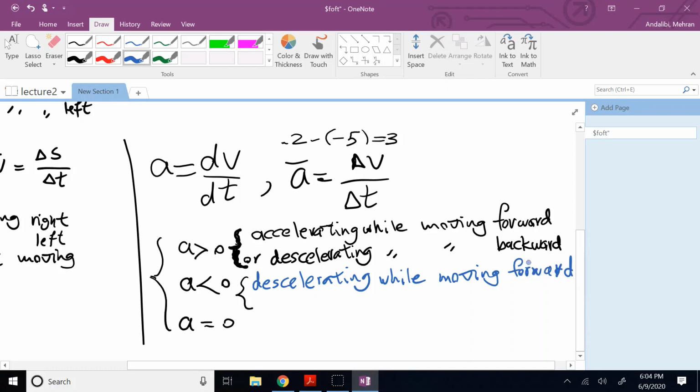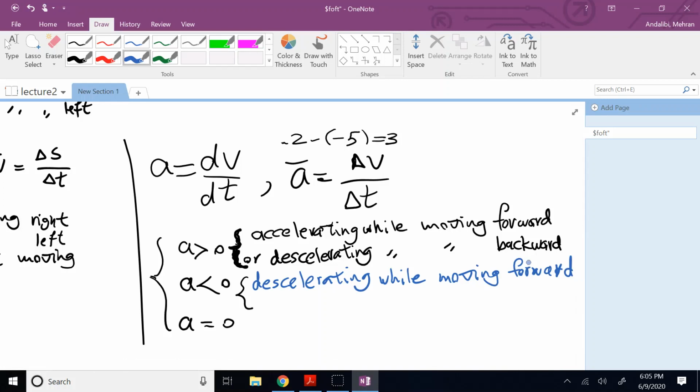And is that the only case? No. If you are going backwards and then you push on the gas, on the accelerator, what happens? You go from -2 to now what? -5, -10, -20, because the speed, the magnitude of velocity is increasing, but you are going backwards. So now you are subtracting -20 minus -10, which is -10.